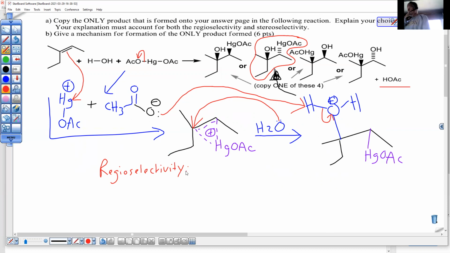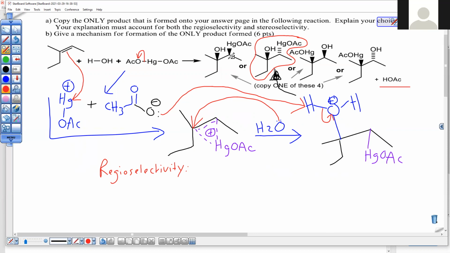For the first two, they're similar in where each one is, but they differ in the dash and wedge. Yeah, and that's then stereoselectivity. So we would talk about the regioselectivity and why it's between those two. Then talk about why this product is better than the first one in terms of stereoselectivity. We wouldn't have to compare it to the last two, since the last two are definitely just wrong. Regioselectivity took care of them.